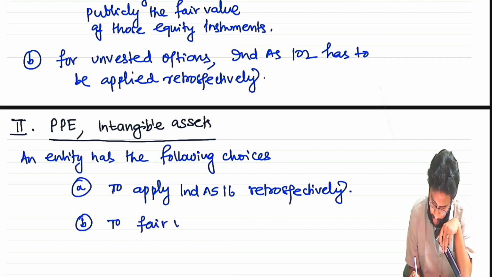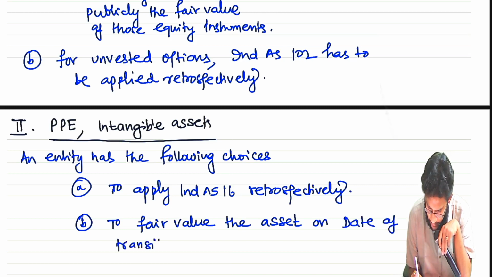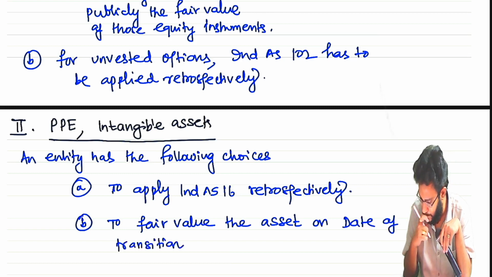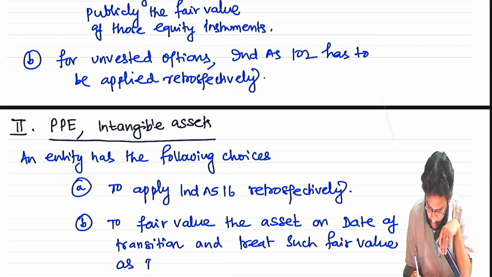Option B, to fair value the asset on the date of transition and treat such fair value as deemed cost.